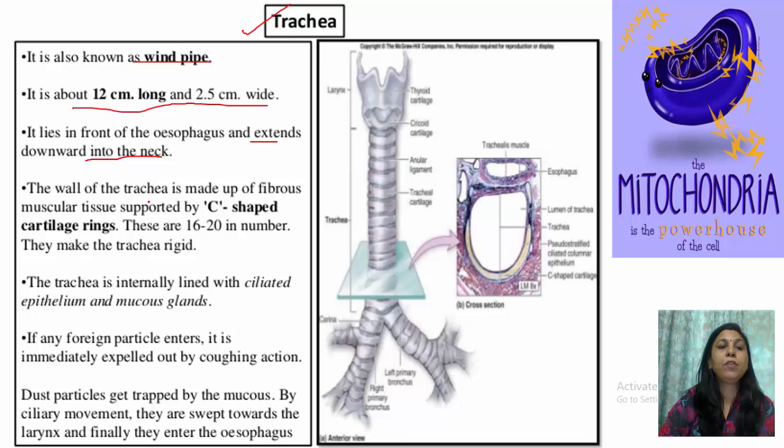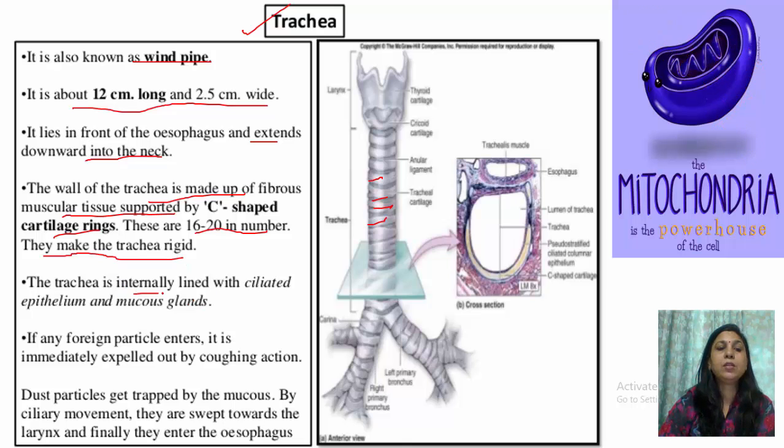The wall of the trachea is made up of fibrous muscular tissue supported by C-shaped cartilaginous rings. You can see these are the cartilaginous rings. These are 16 to 20 in number, and they make the trachea rigid.